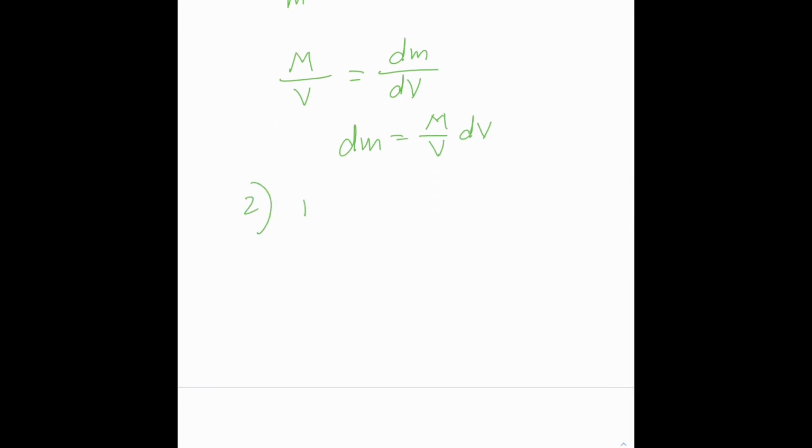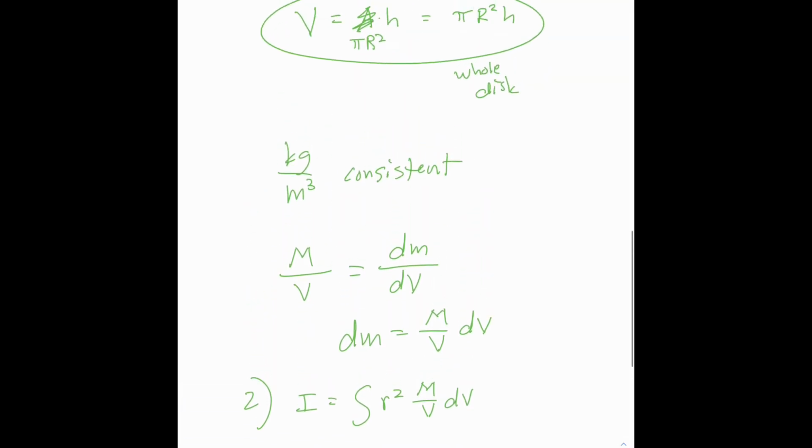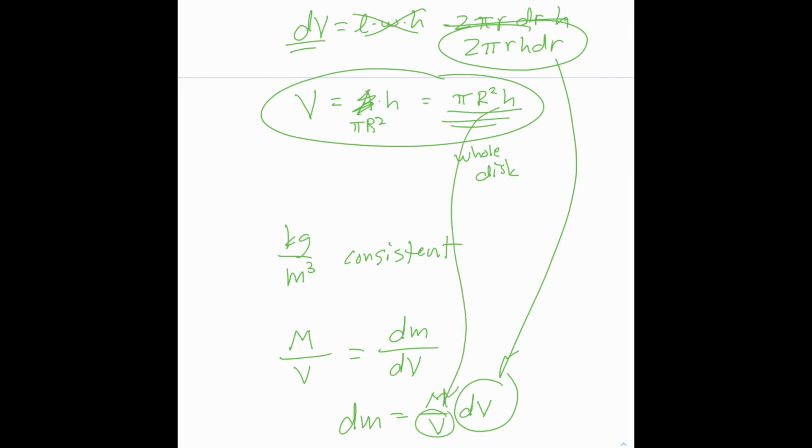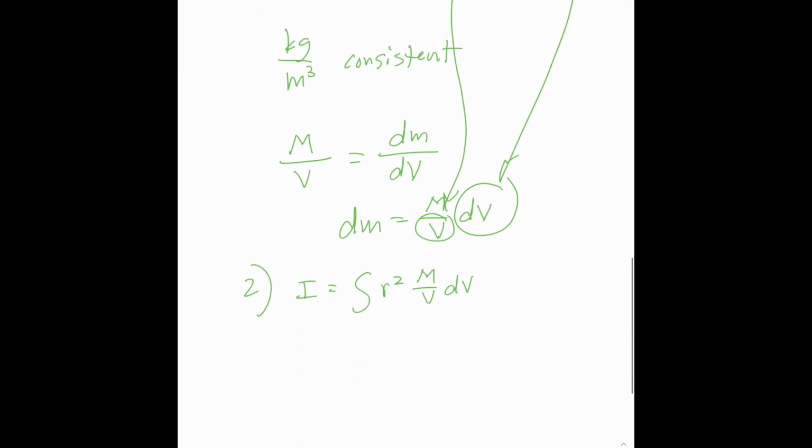Finally, we get to step number 2. I is equal to the integral of r squared dm, where dm is M over V dV. And we'll continue to make substitutions. For example, we'll replace dV with 2 pi r h dr, and at some point we'll probably replace capital V with pi R squared h.